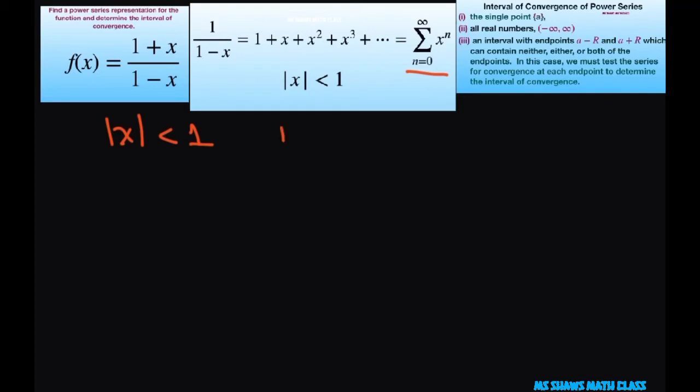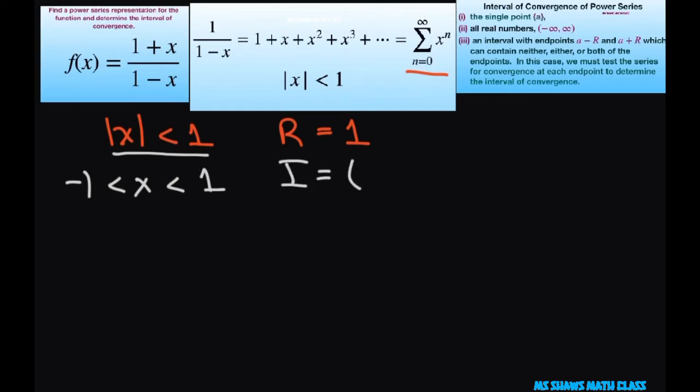So that means our r equals 1, our radius of convergence, and our interval of convergence by definition is x greater than -1 but less than 1. Or you can write it as -1 to 1.